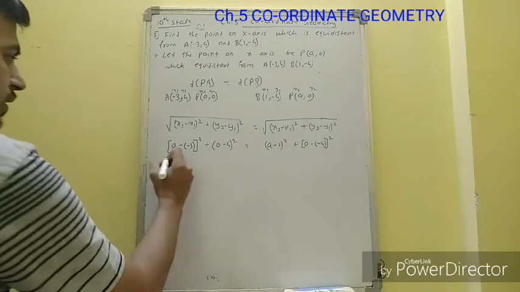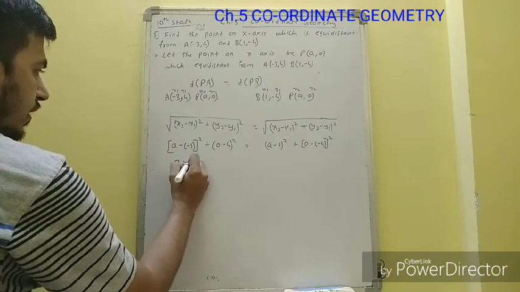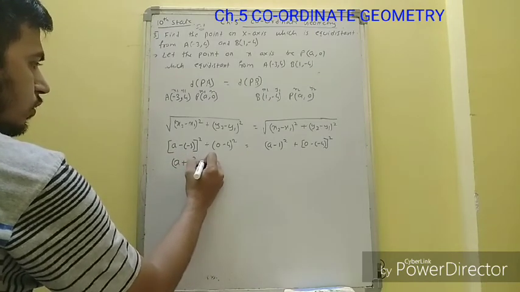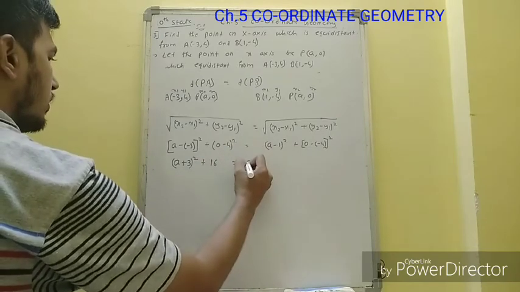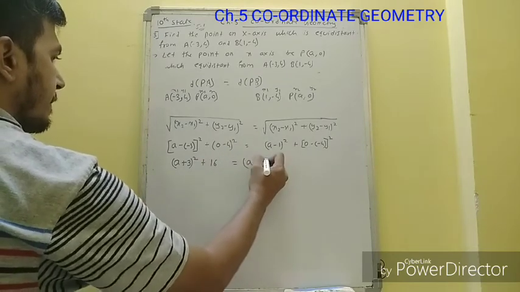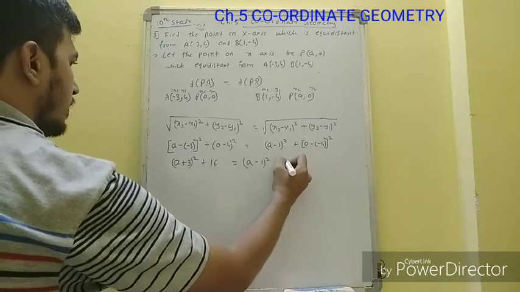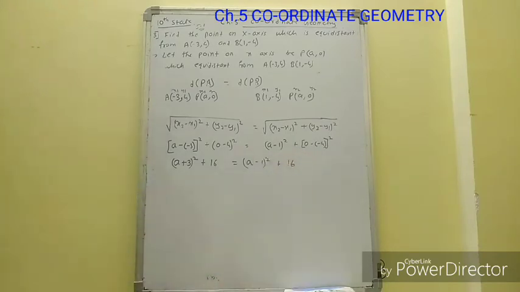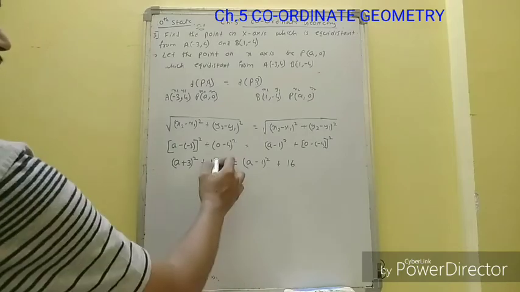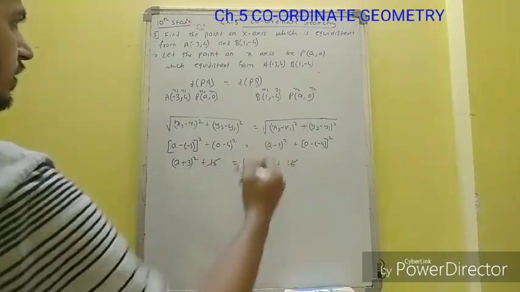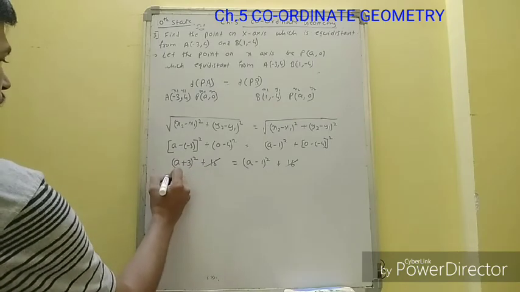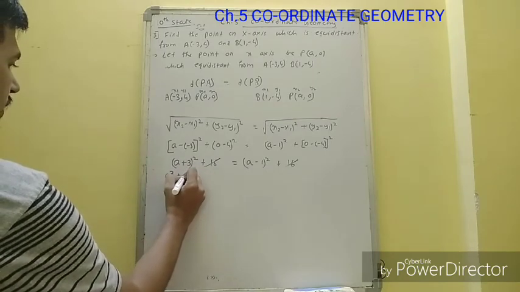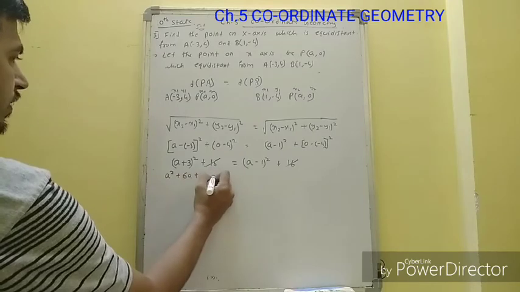See, minus becomes plus, so it will be (a plus 3) the whole square plus 4 square, which is 16, equal to (a minus 1) the whole square, and here minus minus 4 is plus 4, again 16. So this 16 will get cancelled. Now (a plus b) the whole square is a square plus 2ab plus b square.